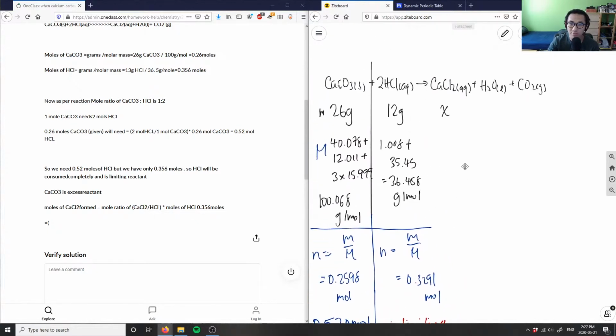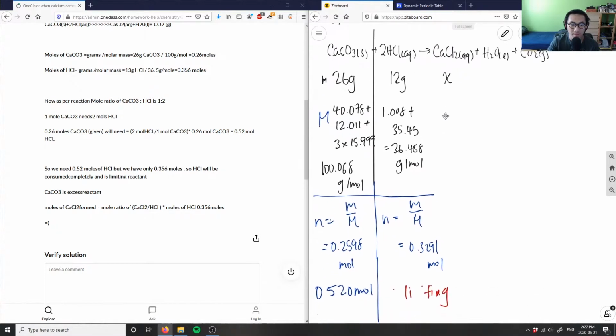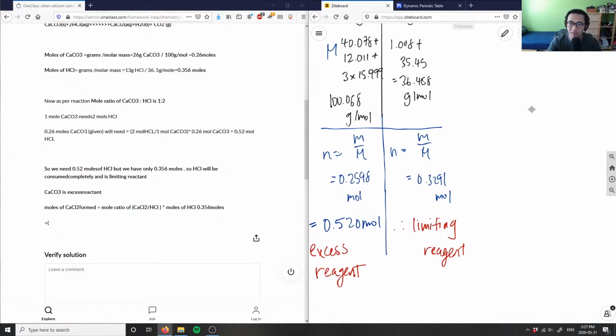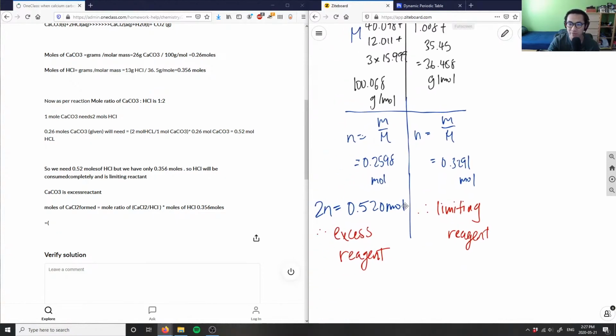So if calcium chloride divided by hydrochloric acid, it's going to equal 3291 here, which is good. And then they didn't actually finish this problem here, which is kind of concerning. But this here, I'm going to have to basically multiply this by half. And that's why I wanted to multiply this by half.